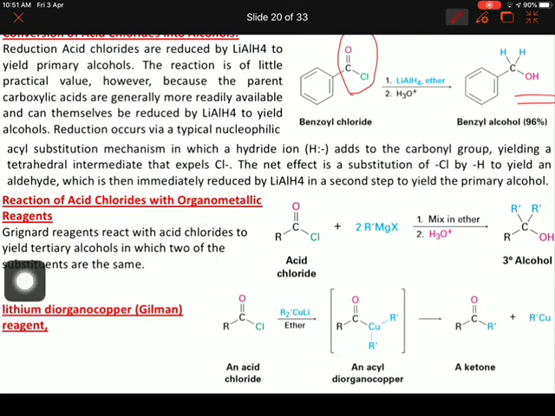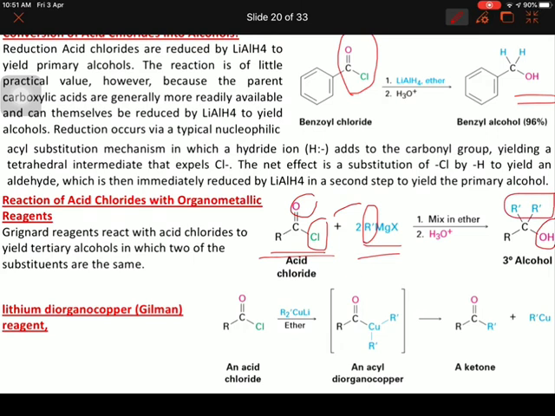The second one is the reaction of acid chloride with organometallic. Same Grignard reaction, same as the previous. Here just be careful. We need to use two molecules of RMgX Grignard reagent with the acid chloride, and then the chloride is going to be removed, and the carbonyl C double bond O is converted to OH, and two alkyl groups are going to attach to the carbon of the carbonyl.